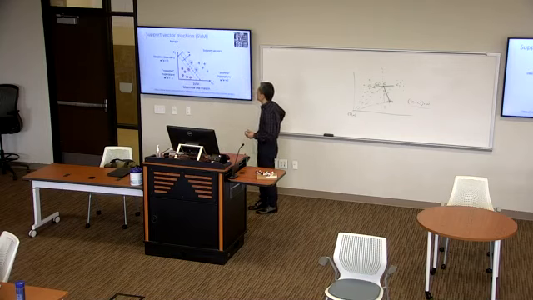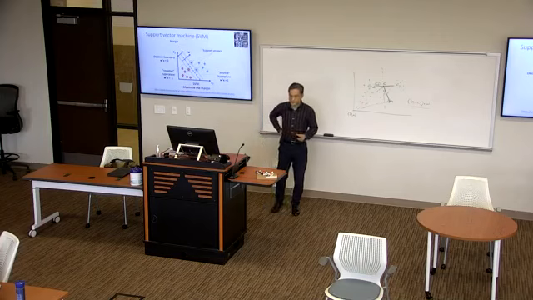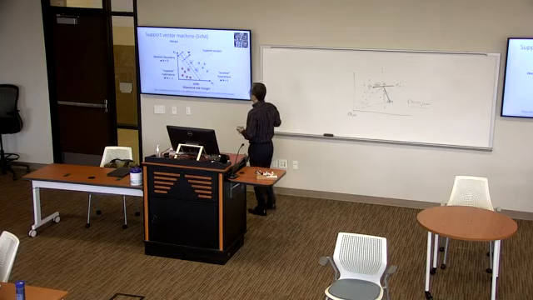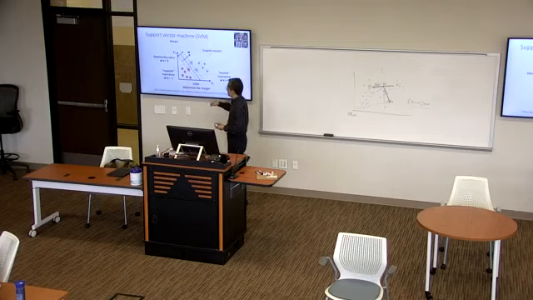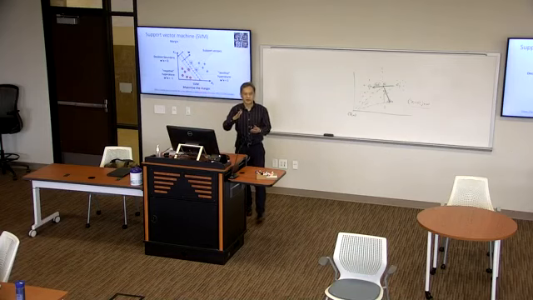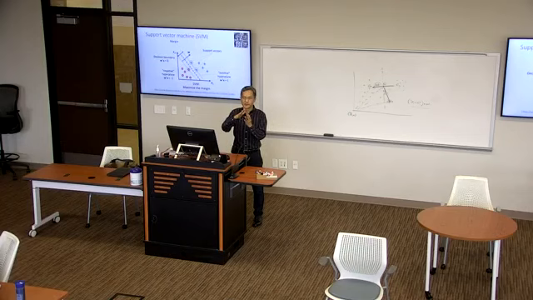So this is the idea. This is 2D. If you have 3D, you will define a plane to separate them. If you have even higher dimensions, it is a so-called hyperplane.